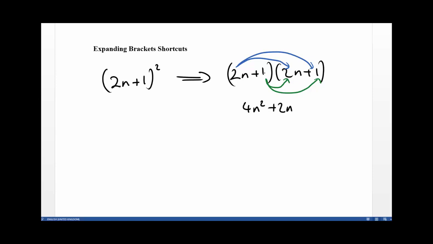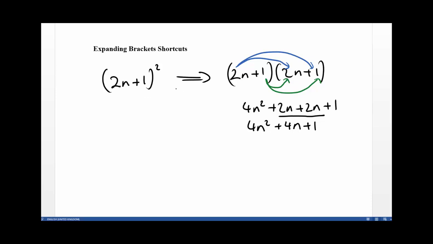Onto this term now. 1 times 2n, which is plus 2n. 1 times 1, which is 1. So this is going to give you 4n squared. You simplify these two terms, and then you've got 4n plus 1.